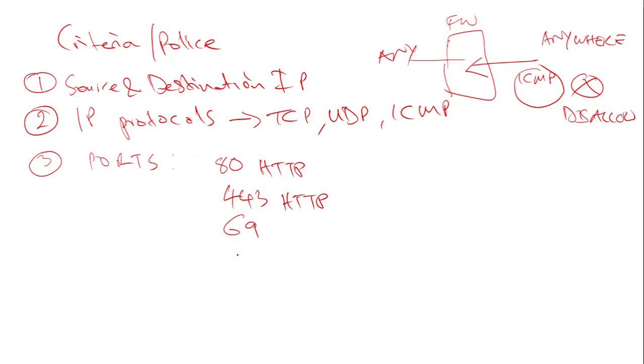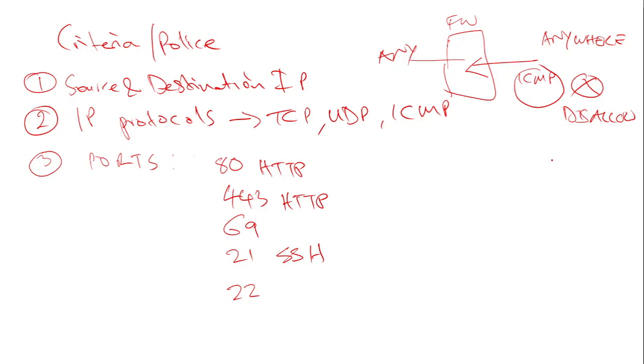We've got so many different ports. We've got port 21, which could be SSH, and we've got port 22, which could be whatever. So you need to go and research these ports.